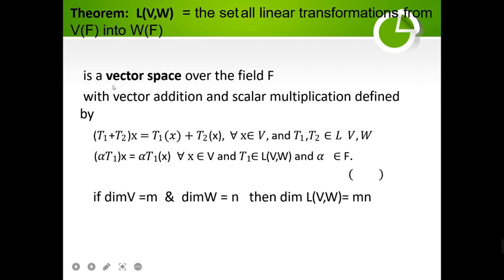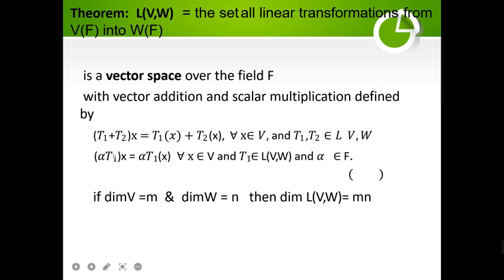This is a vector space over the field F with vector addition and scalar multiplication defined by (T1 + T2)(x) = T1(x) + T2(x), which is a combination of addition and multiplication, for all x an element of V, and T1, T2 elements of L(V, W).